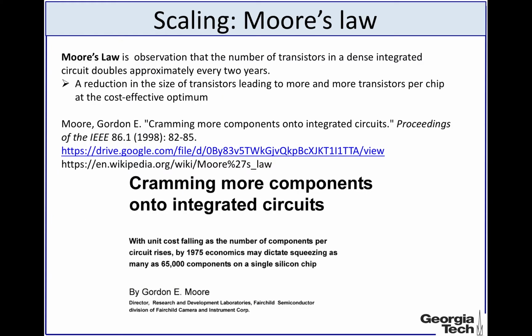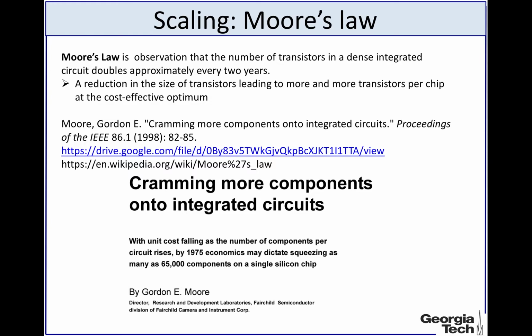So the first thing that everyone talks about when they talk about scaling is Moore's law. Moore's law was first stated by Gordon Moore of Intel in 1965. This was an observation, and the observation was that the number of transistors doubles approximately every 2 years.